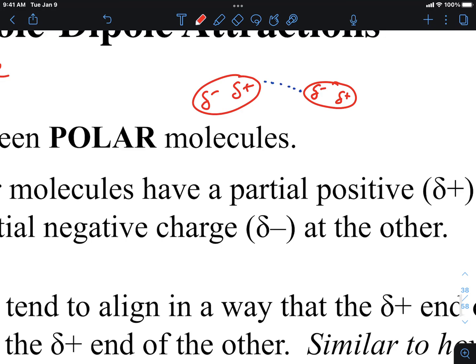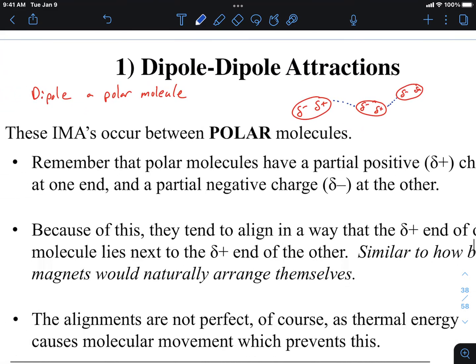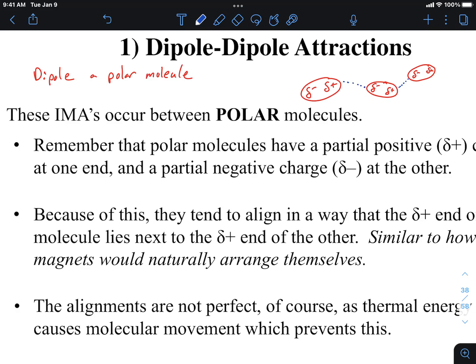Okay? If two molecules with the same side face each other, it just flips around. So if you draw a bunch of these, you have to make sure that you have the correct side facing each molecule. And this type of attraction is what we call a dipole-dipole attraction, an attraction between two polar molecules.